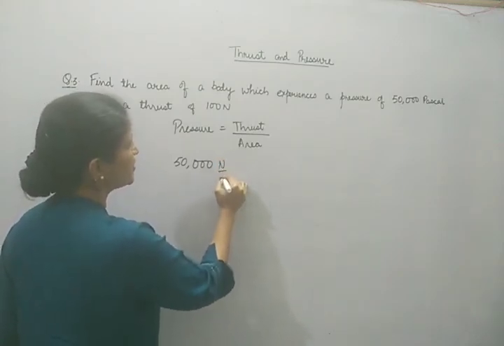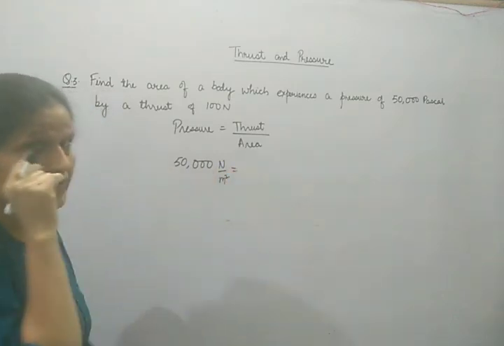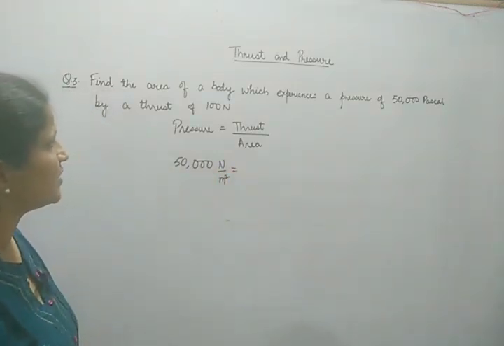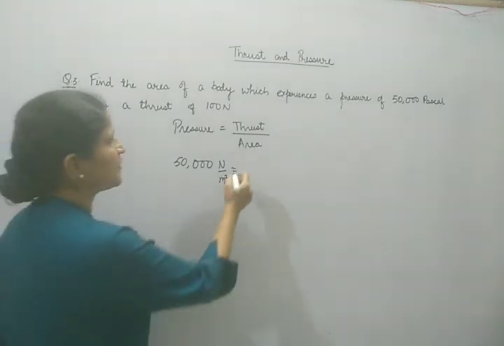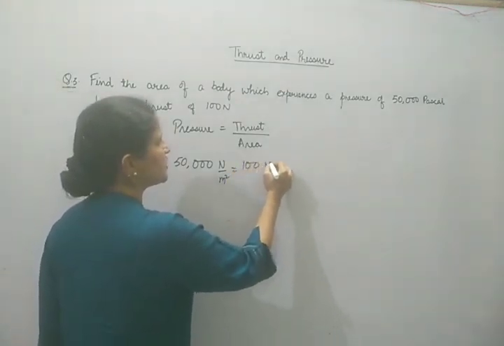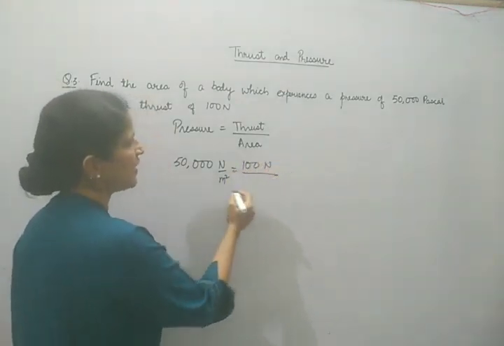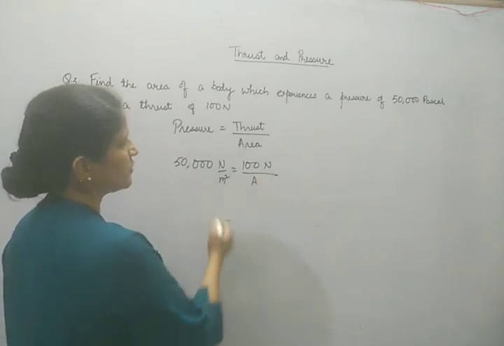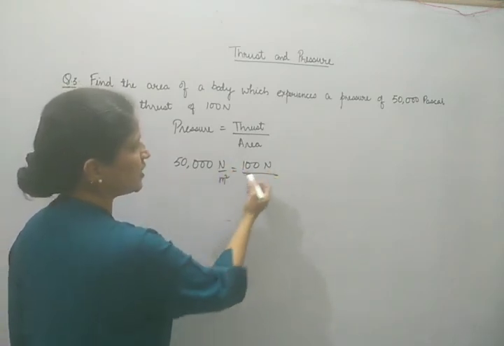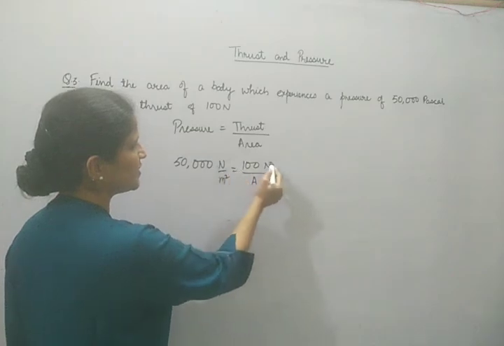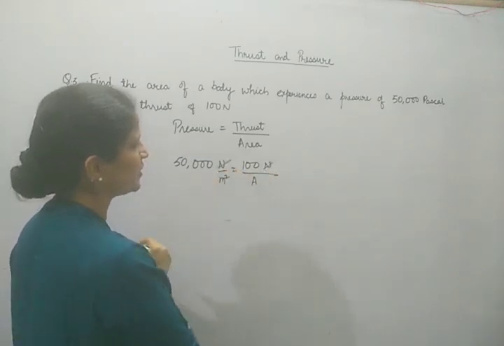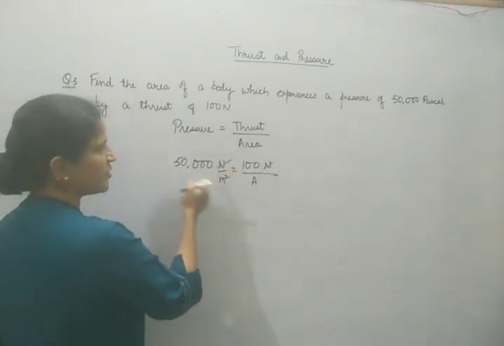Pascal can also be written as Newton per meter square. I am writing it down so that we get the final answer in proper units. Thrust is given in newtons, which is equal to 100 Newton, and the area we don't know. So you can see that this Newton unit is appearing on both the sides, so we can cancel this off. This Newton will cancel from both sides, and area can be shifted to the other side.